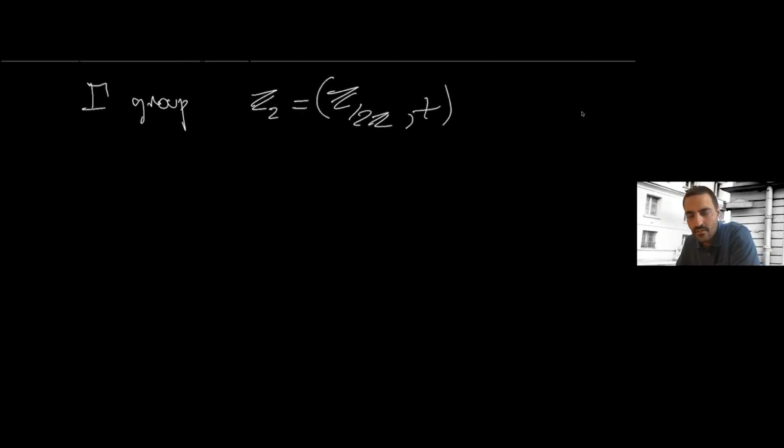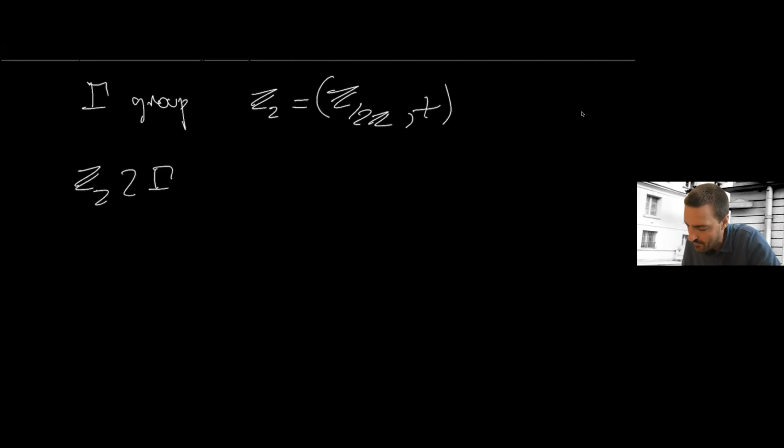So if you have a group gamma, and if I denote by Z2 the group with two elements, with the addition, then I can define the Lamplighter group over gamma, which is Z2 wreath gamma, so it's a wreath product. So what is this group? You look at the functions from gamma into Z2, and you take the cross product with gamma.